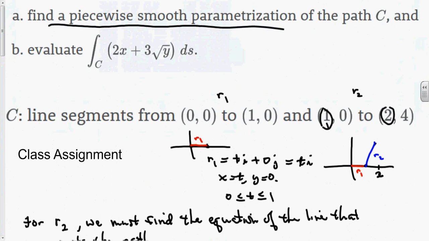Because it is complicated for that one. The other ones were easy. Okay, how do you represent? Here's my question to you. If you're going from 1 comma 0 to 2 comma 4, what line segment or line path would you use to represent this? What is x? What is y in terms of t? That's all.